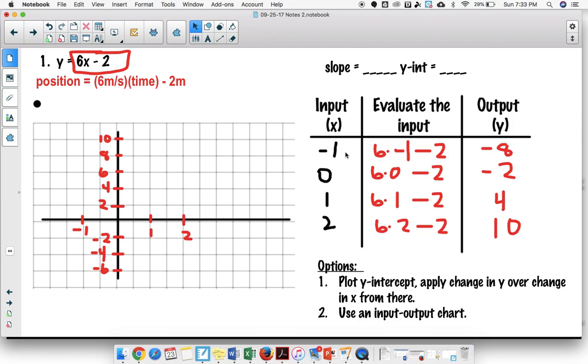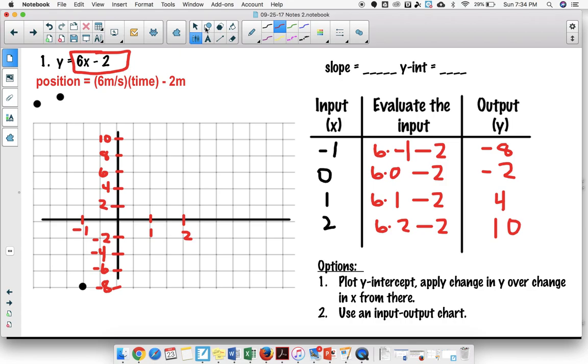Our first ordered pair is at -1, -8. That's going to go right here. Our next one is at 0, -2. Oops, that's supposed to be a -8, isn't it? Let me change that. -1, -8 would be down here. I'll add on to my scale.